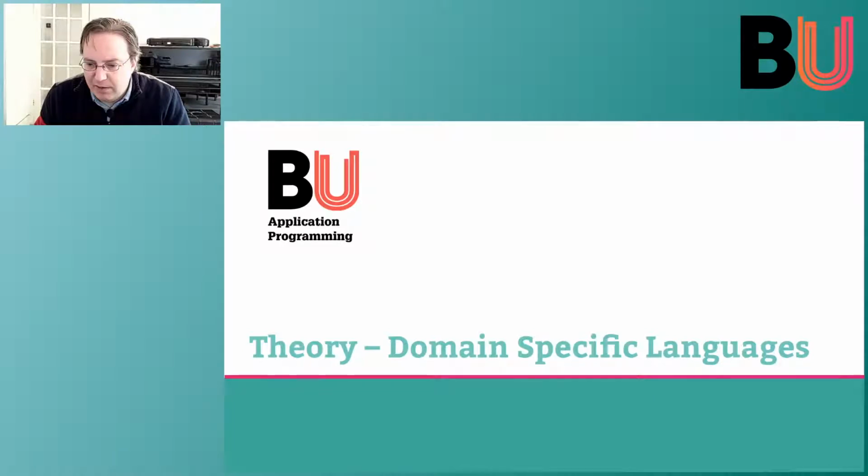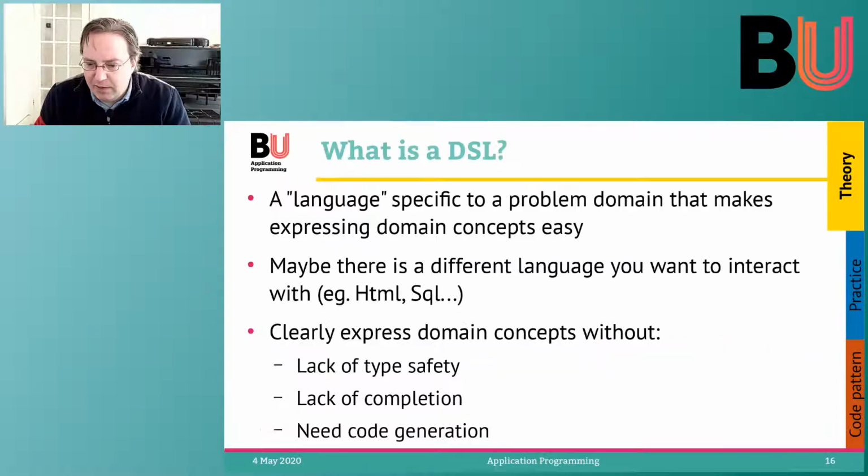Then another bit about Kotlin that you may have seen, and that is quite an interesting aspect of what you can do with the language, is something called domain-specific languages. So what is a domain-specific language? In principle, a domain-specific language is a language that is written to solve a problem in a specific, often quite narrow, domain. What does that mean?